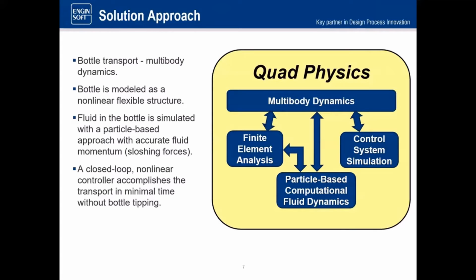So we're looking at outputs from the system, and using that to determine when the bottle is approaching a tipping situation. And as that is sensed, the control system will then provide inputs, in this case to reduce the acceleration, to prevent the bottle from tipping.